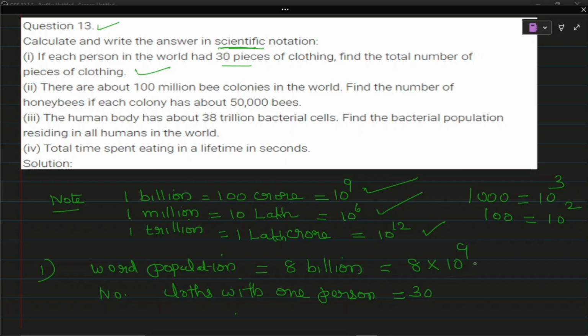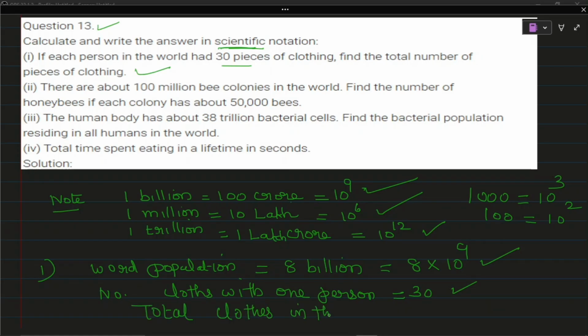So 8 billion is 8 into 10 raised to 9. Now it is given in the question that 30 pieces of clothes are with one person.